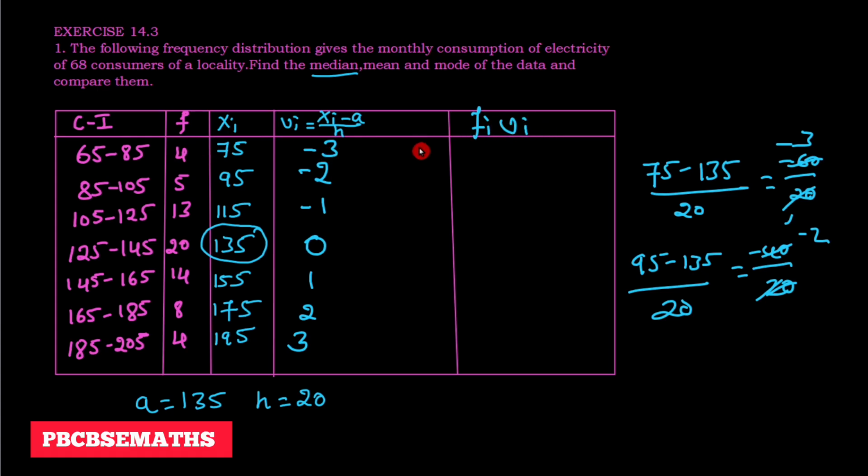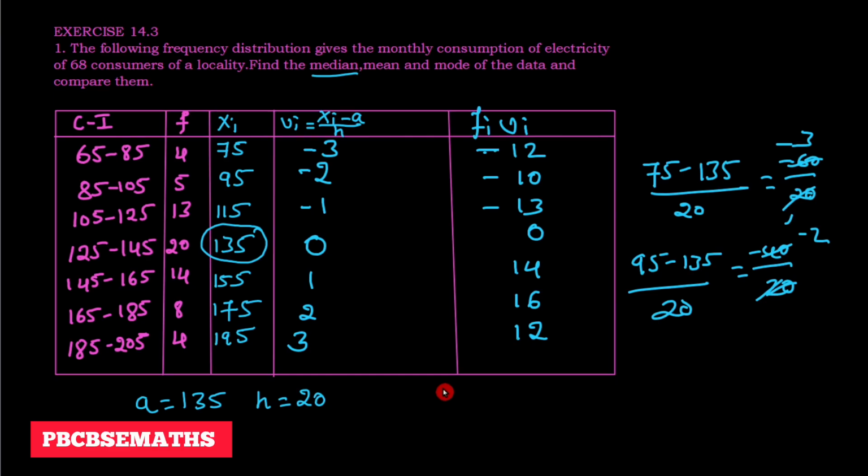Now let's find out the product of frequency and this ui. So 4 into minus 3 gives us minus 12. 5 into minus 2 gives us minus 10. 13 into minus 1 gives us minus 13. 20 into 0 gives us 0. 14 into 1 gives us 14. 8 into 2 gives us 16. 4 into 3 gives us 12.